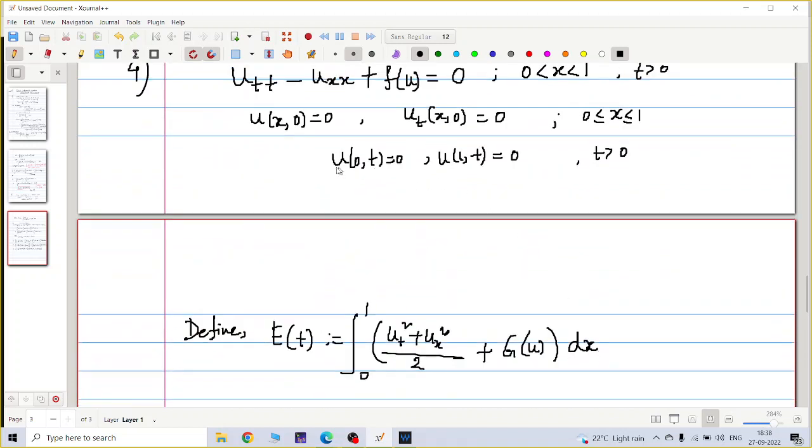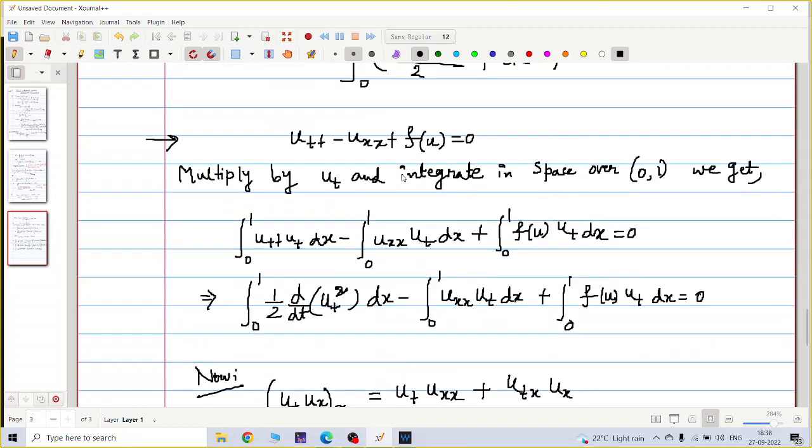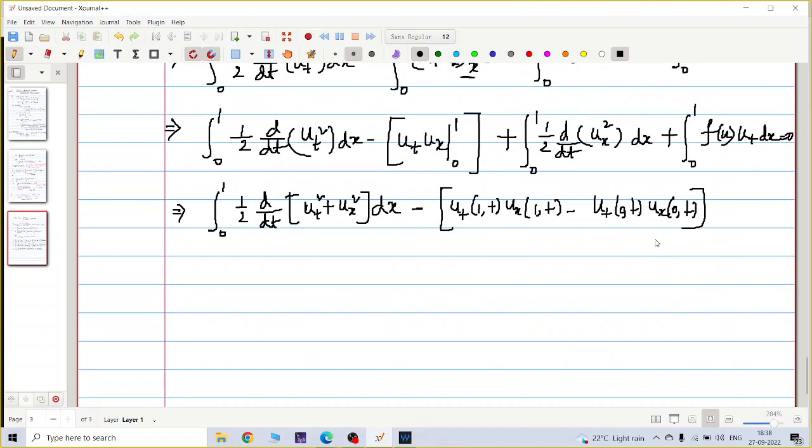Let me show you this. u(0,t) is 0, that means ut at 0,t is 0, u(1,t) is 0, so that means your derivative is 0. So all these things are 0. And the last term is integral 0 to 1 f(u) ut dx.